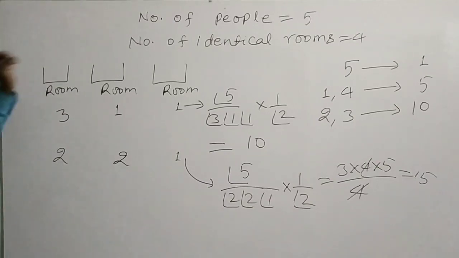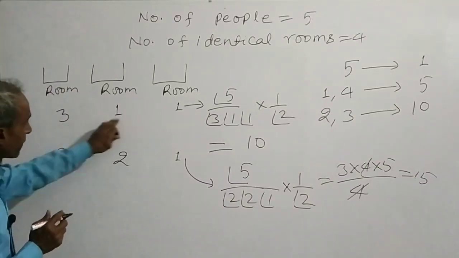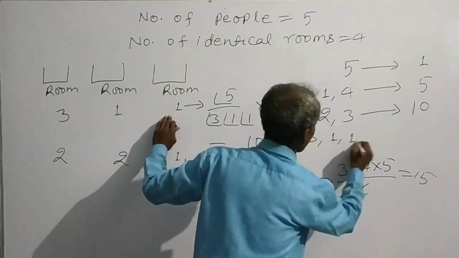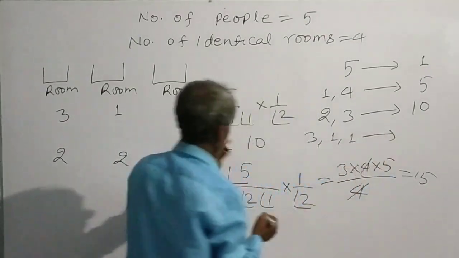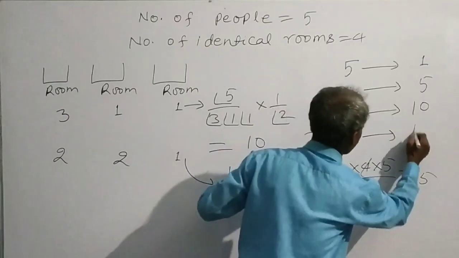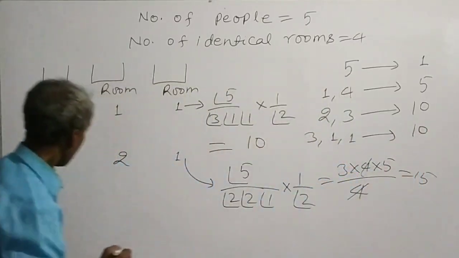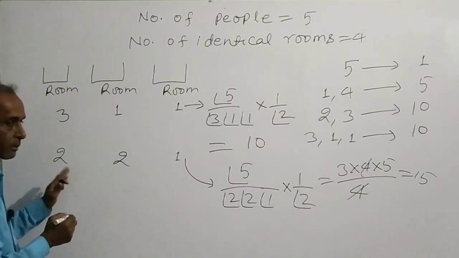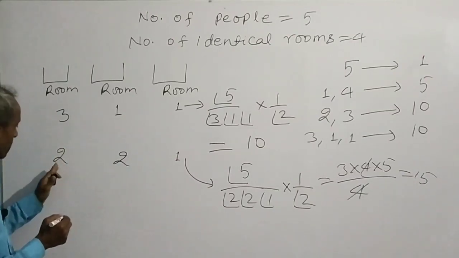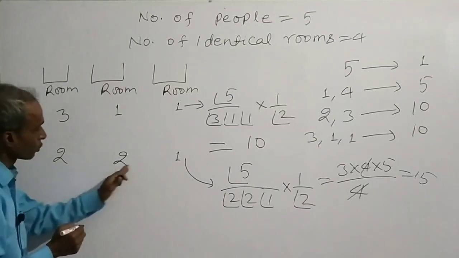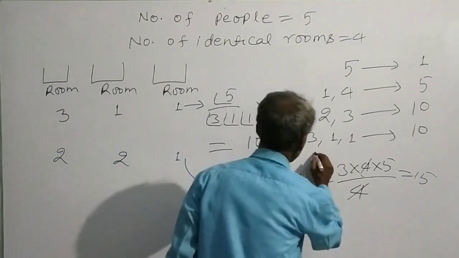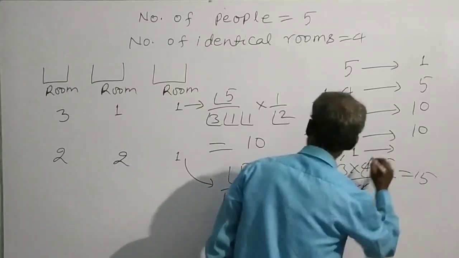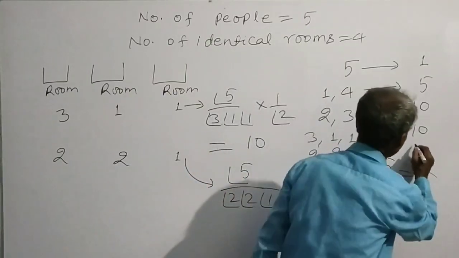Thus, division in numbers 3, 1, 1 can be made in 10 different ways, and distribution of people in numbers 2, 2, 1 can be made in 15 different ways.